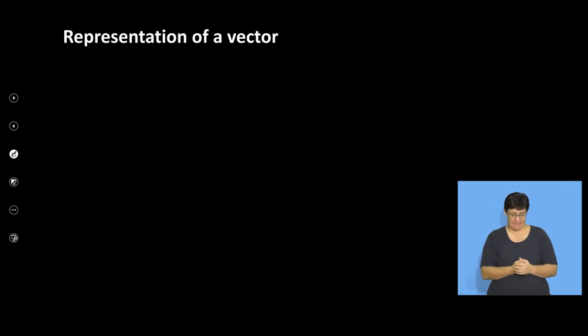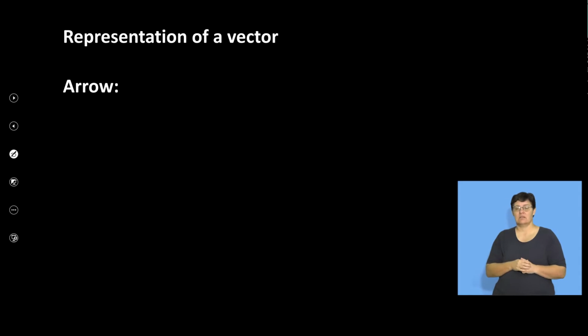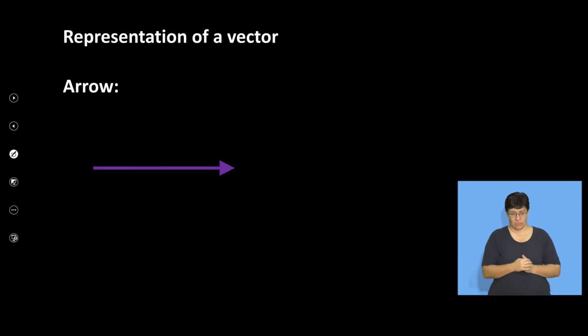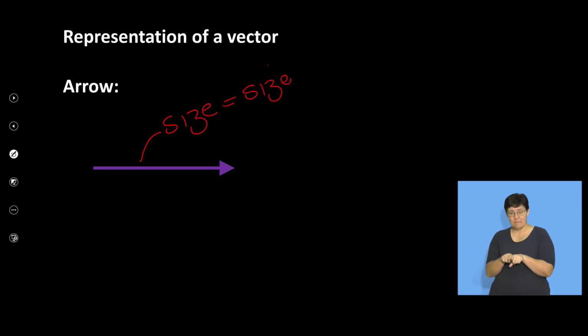So, how do we represent a vector? We don't generally draw diagrams to represent a scalar because it doesn't have a direction, okay? But we represent vectors with an arrow. This arrow has a couple of things we need to take note of. Number one, the size of the arrow represents the size of the vector.